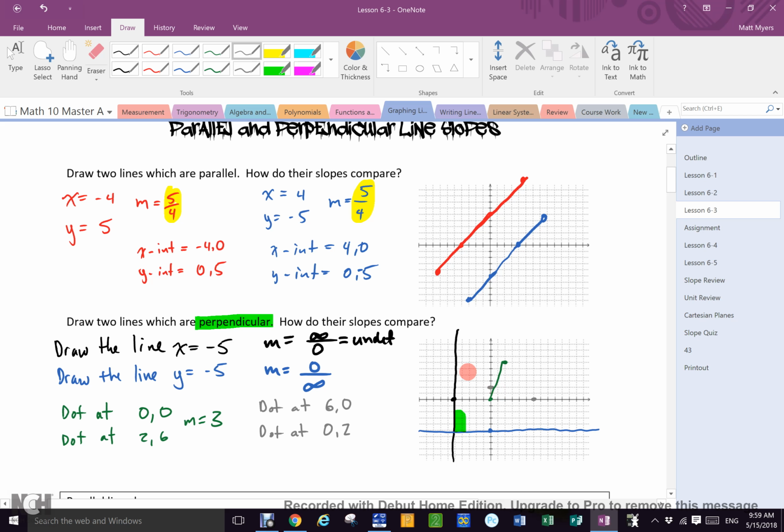And connect that line. Can't draw a line today. There we go. And then tell me that guy's slope.